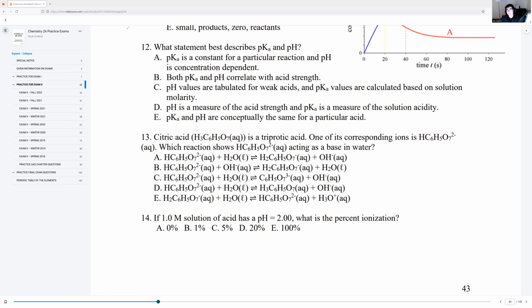All right, so it's going to be A, where pK is a constant for some particular weak acid, for a particular reaction, and pH is concentration dependent. pK and pH do not both correlate with acid strength? The pK is the same always. The pH values are tabulated for weak acids? It's not true, pH changes. pH is the measure of acid strength? No, that's not true. And E is not true.